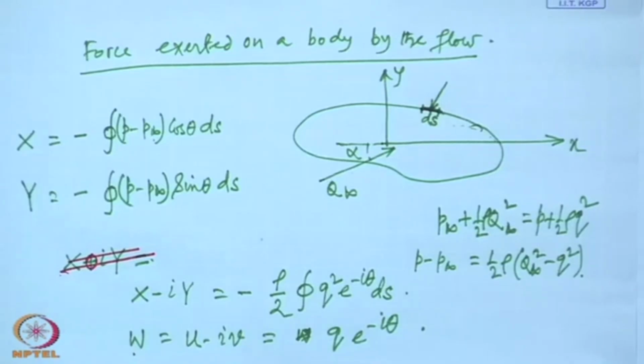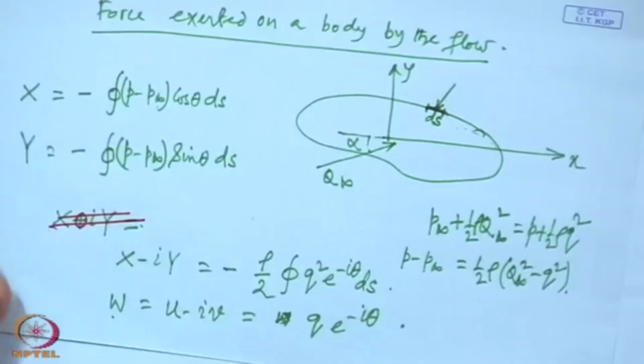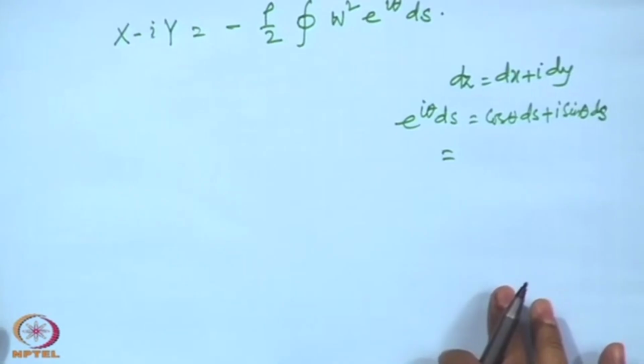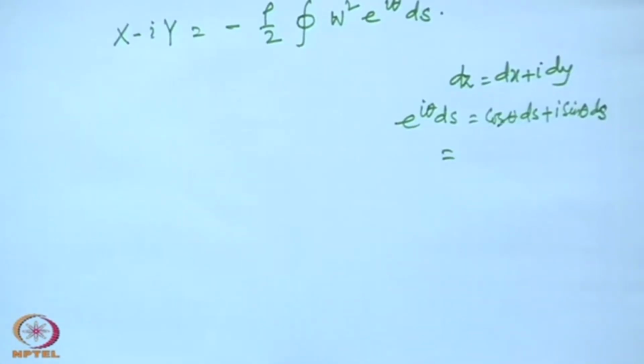ds minus only i dy. Only i dy, no x. What is this becoming? Minus dx plus i dy, and what is that?